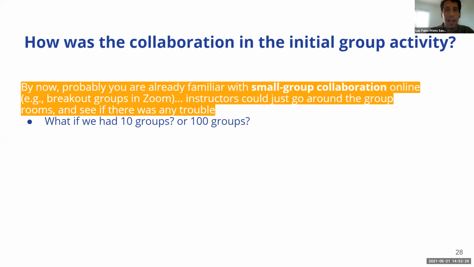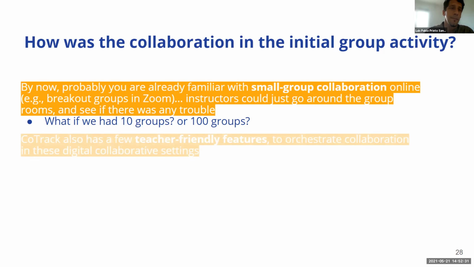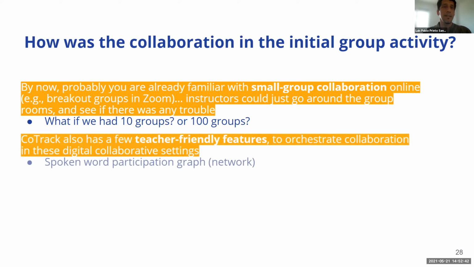What if we had 10 groups or 100 groups? How can a teacher in these kinds of online environments manage group collaboration? The CodeTrack system that you saw has a few teacher-friendly features to try to orchestrate this collaboration in these digital collaborative settings.